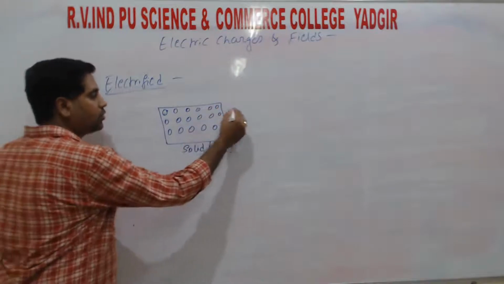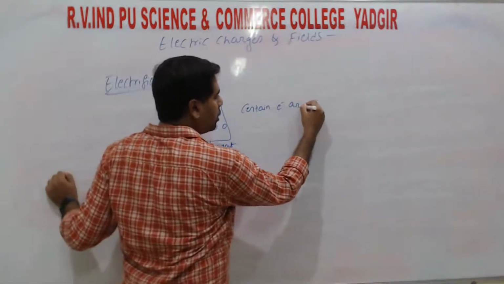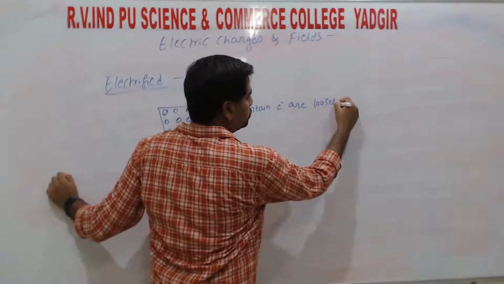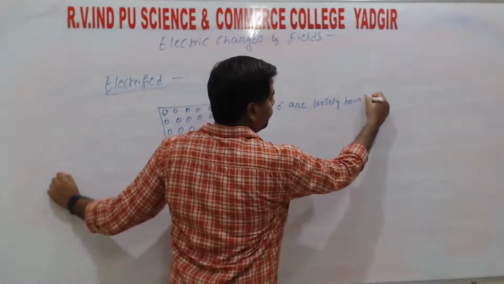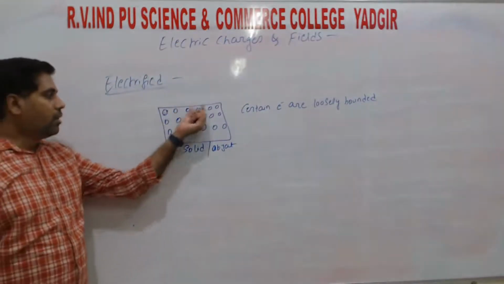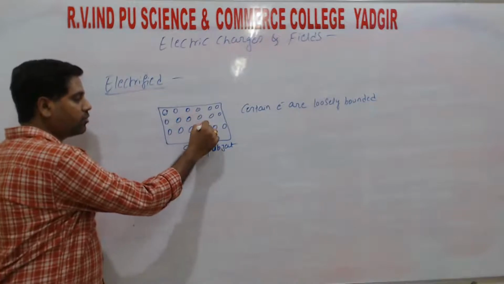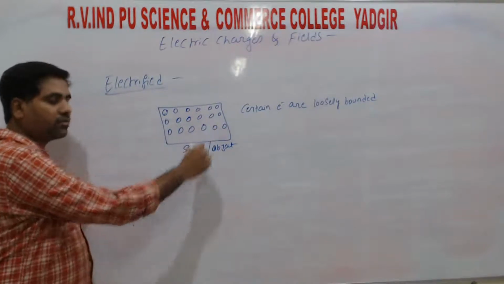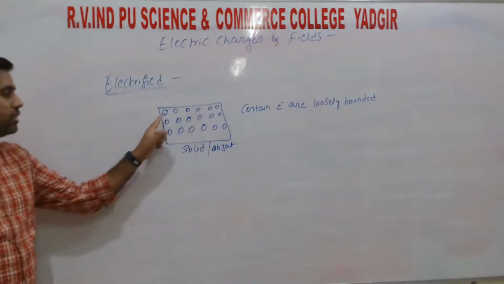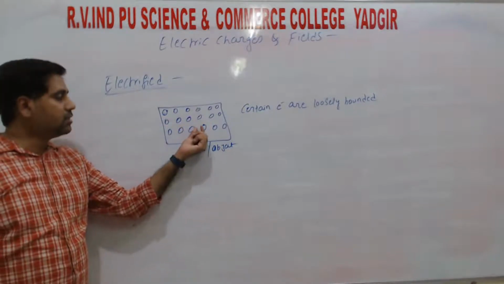In solids, certain electrons are loosely bound with the atom. So out of all these atoms, in certain atoms the electrons are loosely bound with the atom, right? So these electrons are responsible for the charges, right?